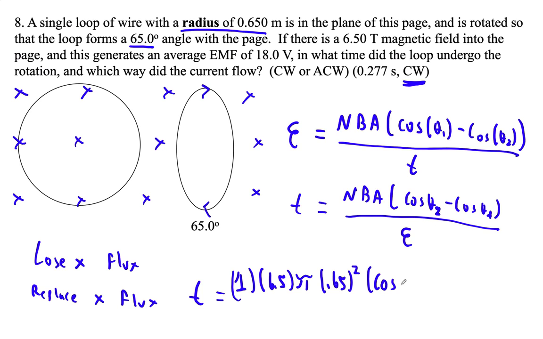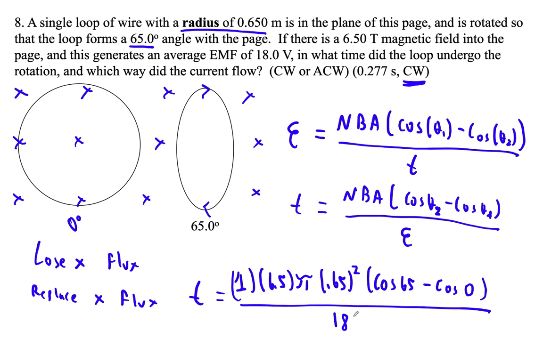So I'm going to say cos 65 minus cos 0, right? Because this is 0 degrees, right? So final minus initial, and then divided by, what is it? 18 volts. Okay, let's do this.